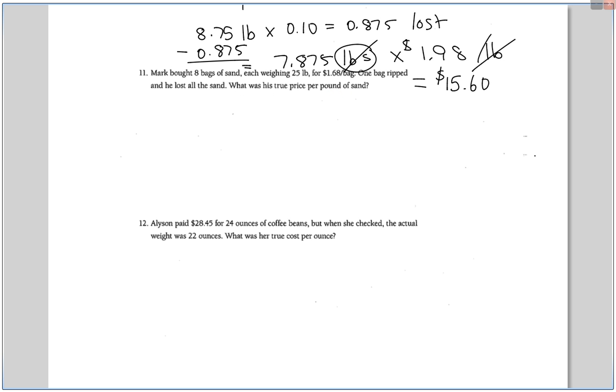Alright, so now the next question involves Mark buying bags of sand, each weighing 25 pounds, for $1.68 per bag. One bag ripped and he lost all the sand. So what was his true price per pound? So 8 bags becomes 7 bags. And he paid $1.68 per bag. So times $1.68 per bag. Bags cancel.